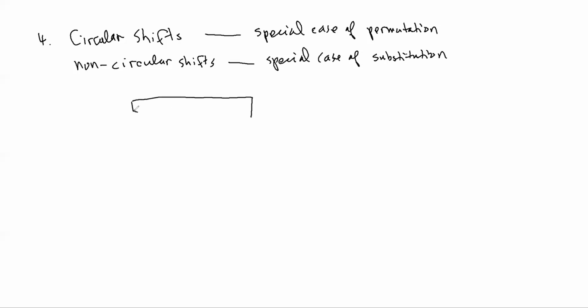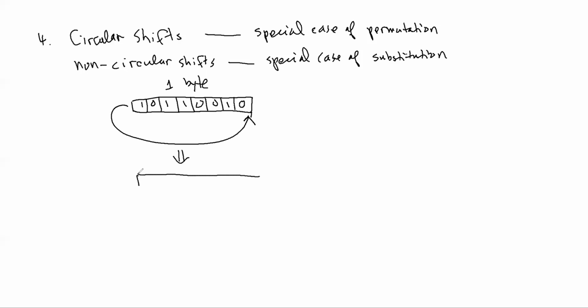So a circular shift is like this. Say this is your 1 byte input. Let's say this is 1, 0, 1, 1, 0, 0, 1, 0. So if we do a circular shift to the left by 1 bit, then the output becomes, we shift to the left, so this 1 goes back here.